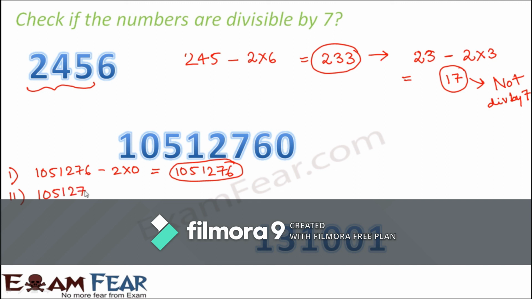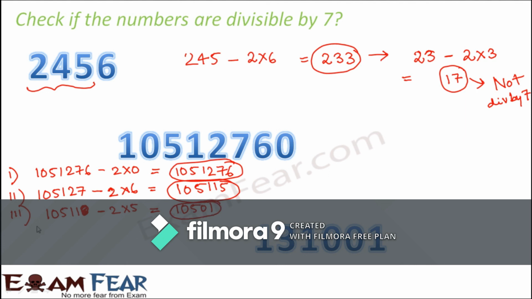We consider the entire number except the last digit and then subtract 2 times the last digit. So 2 into 6, that would be 12. So once we subtract 12 from this, we get 105115. Again, we are not sure if this would be divisible by 7 or not. So we repeat the process. 105115. We will leave the last digit, minus 2 into 5, which is 10. So this gives us 10501.